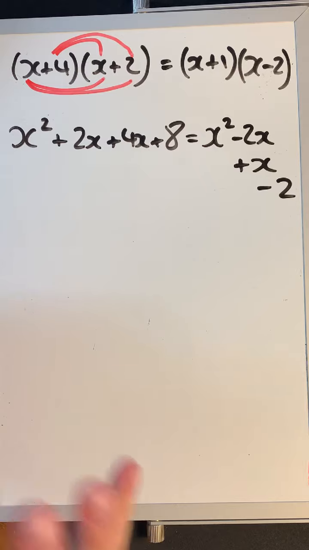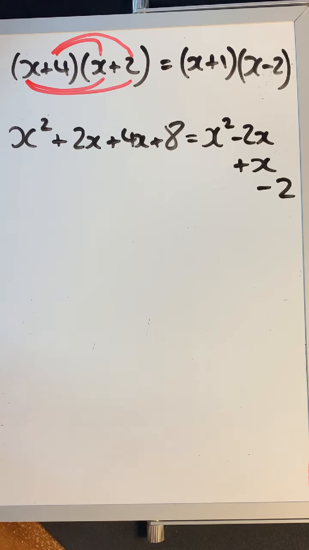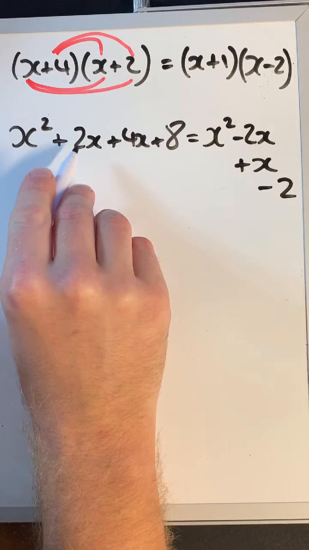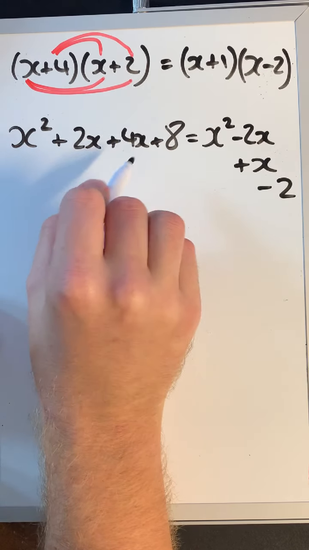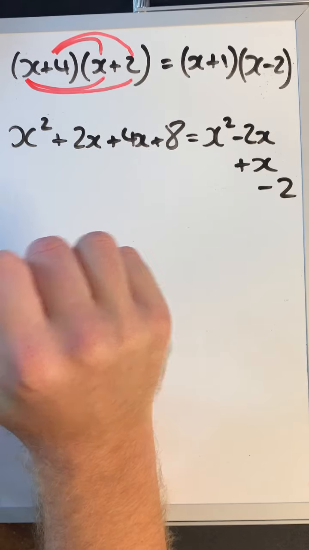Okay, so now what we want to do then is try and simplify any terms. What I mean by that is grouping together terms to make it look, well, simpler, as the name suggests. So on this left hand side then, we've got 2x plus 4x. So how many x's have we got? 6x.